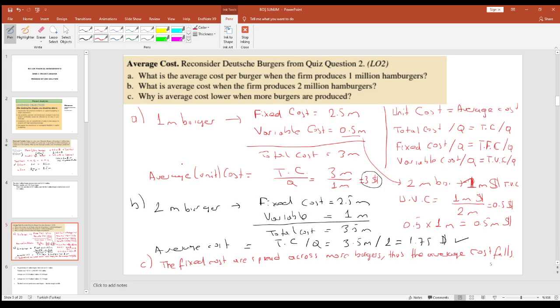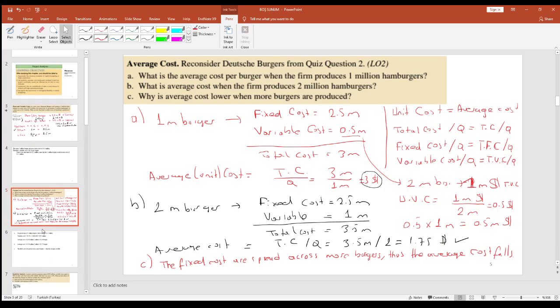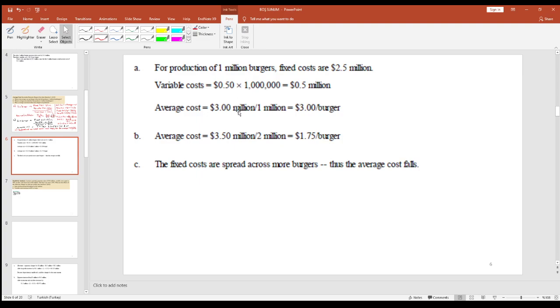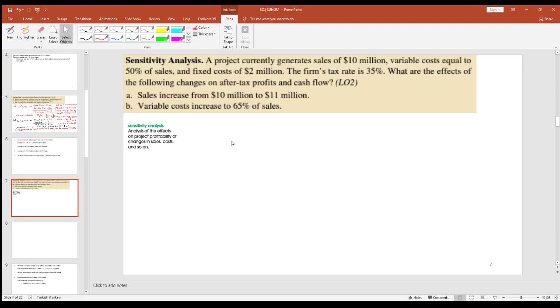Alright, let's move on. Second problem. Here you have a short solution. Now, in this problem, we are going to deal with the sensitivity analysis. And let's remember the definition of sensitivity analysis again.